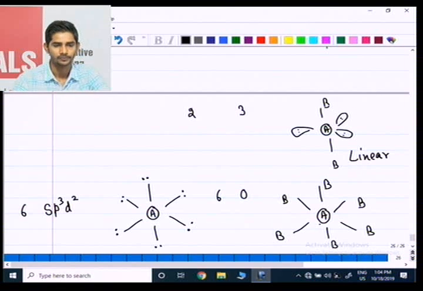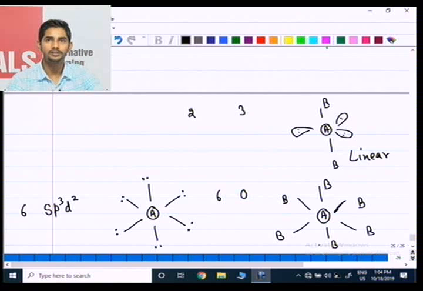And this shape is known as the octahedral.